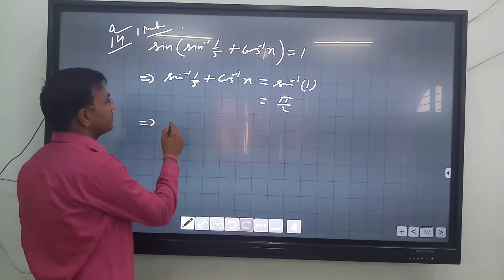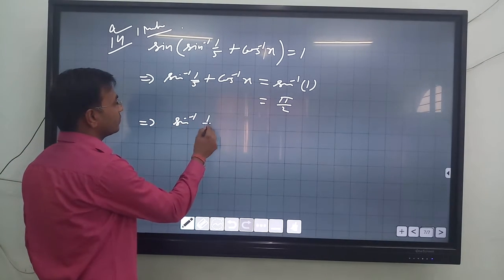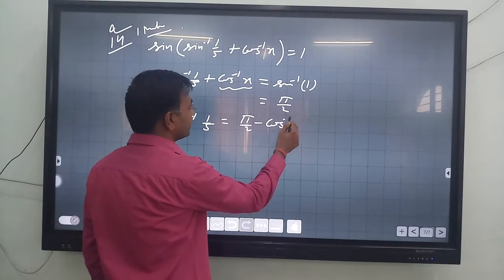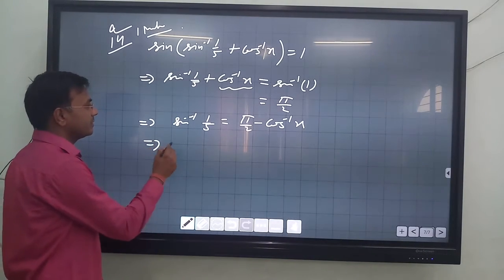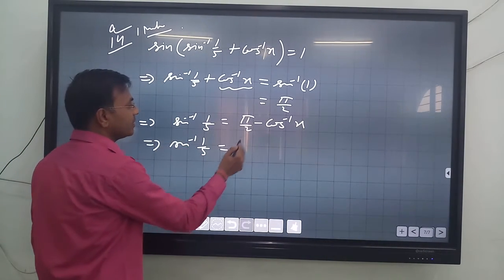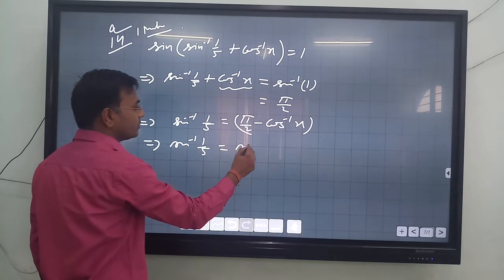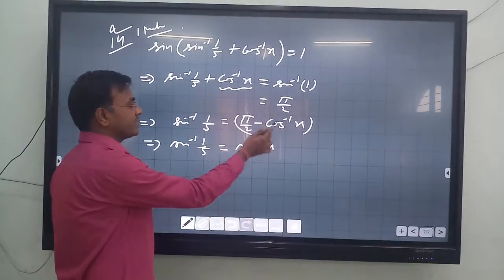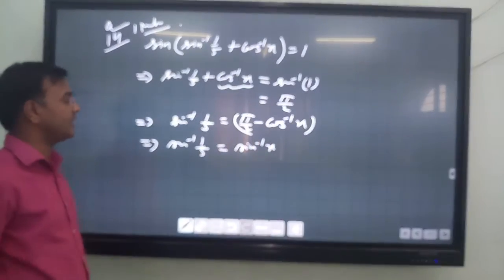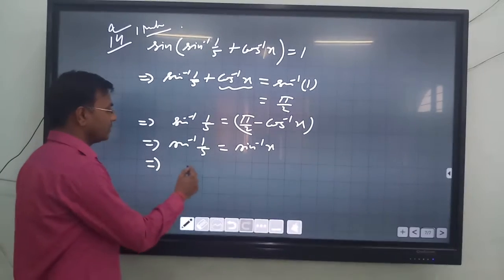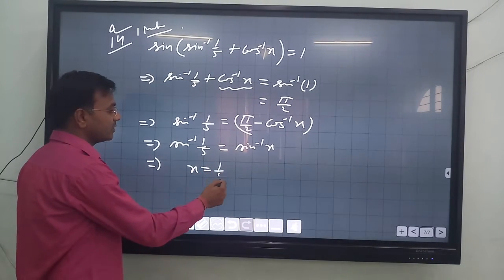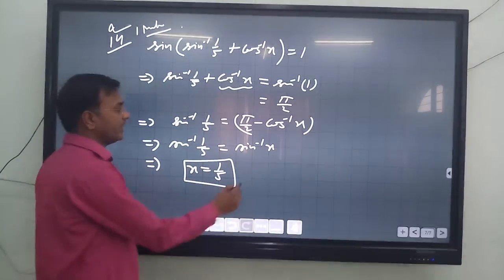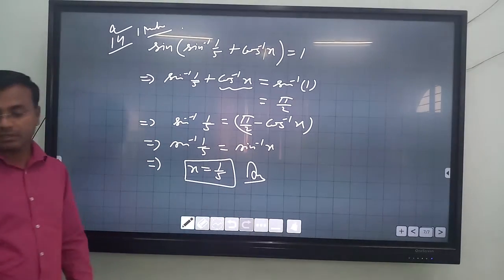This implies sin inverse 1 by 5 equals, transposing this cos inverse x to the right hand side, pi by 2 minus cos inverse x, which equals sin inverse x, as we have the identity sin inverse x plus cos inverse x equals pi by 2. In fact, we have already proved. On comparing, do not cancel. On comparing, x equals 1 by 5, which is the result.